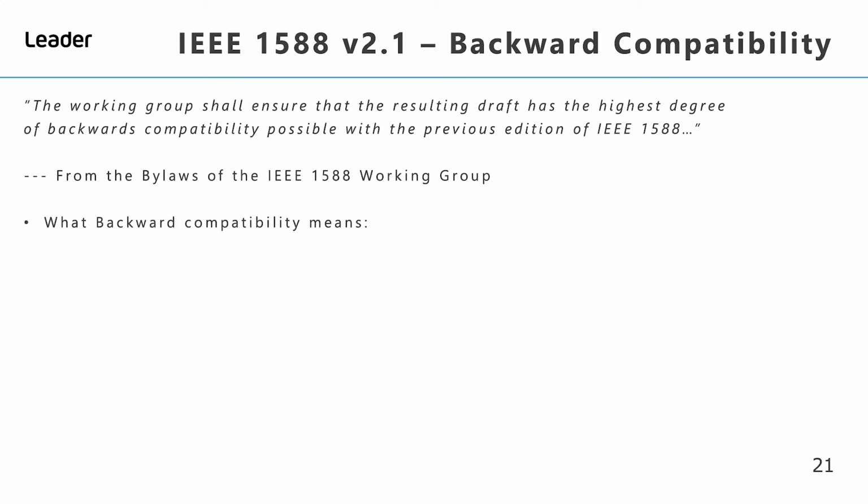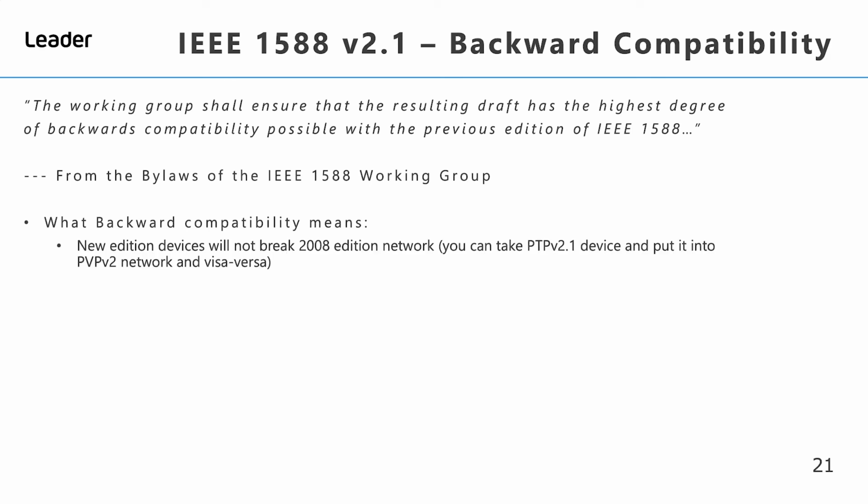So what does backwards compatibility mean? New edition devices will not break the 2008 edition network, meaning you can take a PTP version 2.1 device and put it into a PTP version 2 network and vice versa. New features are optional, and old features will work as before.